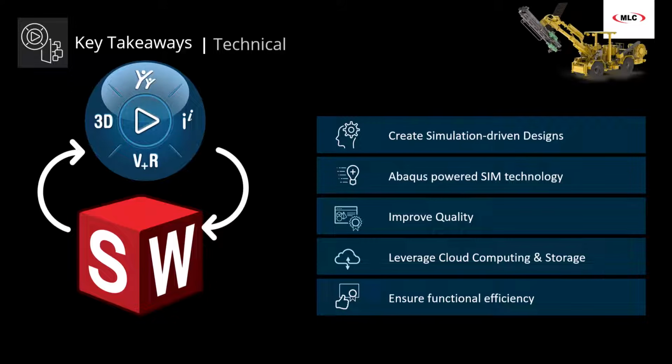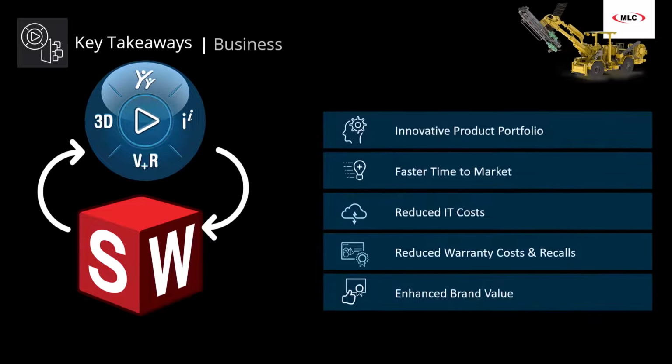From a technical perspective, that means using simulation as a design tool, just as we always have with SOLIDWORKS, but now with more power, ultimately leading to better quality designs. We're taking advantage of cloud computing and storage, which simply increases the overall efficiency of the process. And from a business point of view, a completely connected set of tools increases team collaboration and leads to a more innovative product.